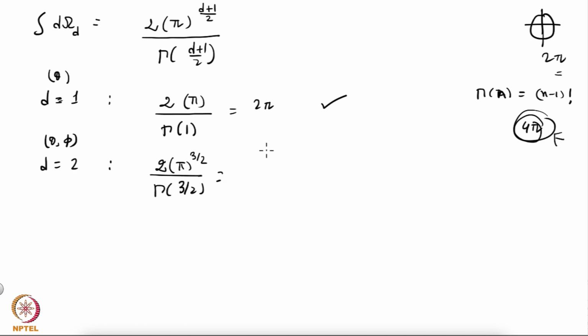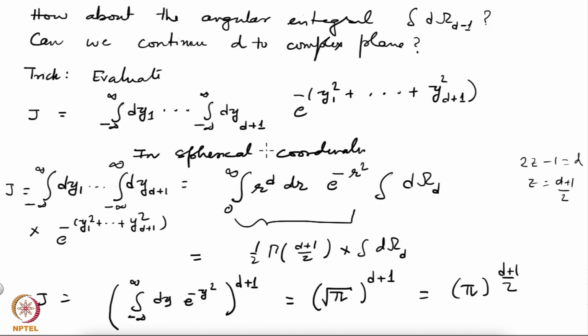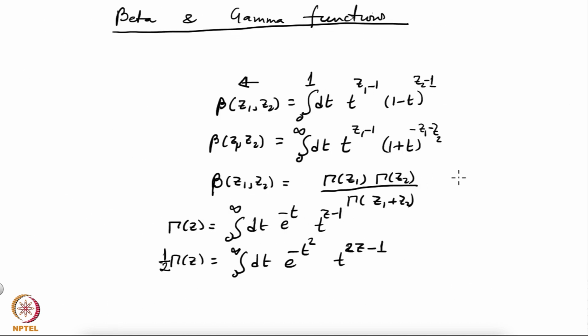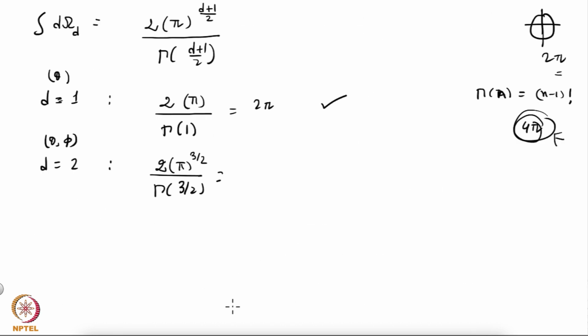Okay, I will use another useful result which I can write here. Let me write this way: z gamma z is gamma z plus 1. Okay, if you want to increase the argument of gamma by 1, you multiply it with z, with the same argument. That is what gives you gamma z plus 1. So let's use that.